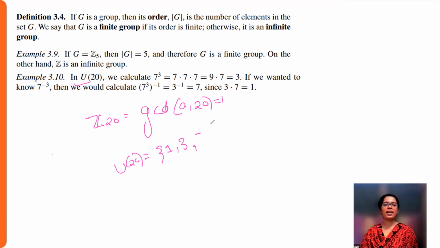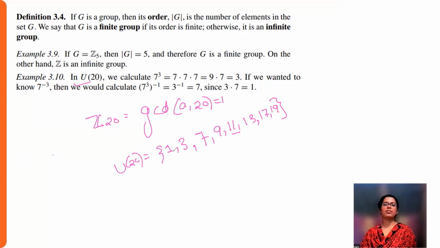Then 5, no, 5 is not there. 6 no. 7 is there because GCD of 7 and 20 is 1. And then 8: GCD of 8 and 20 is not 1. 9 will also be there. 10 will not be there. 11. 12 will not be there. 13. 14 will not be there. 15 will not be there. 17. And then we have 19.